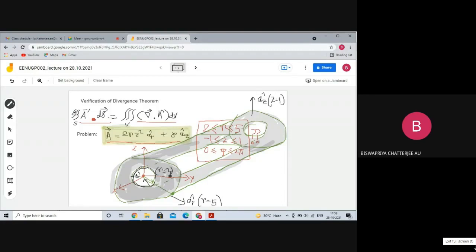Another surface is acting at the bottom, along the minus a_z direction, at z equal to -1. So altogether there are four surfaces. Maybe you were all thinking of these four surfaces, but could not express yourselves.